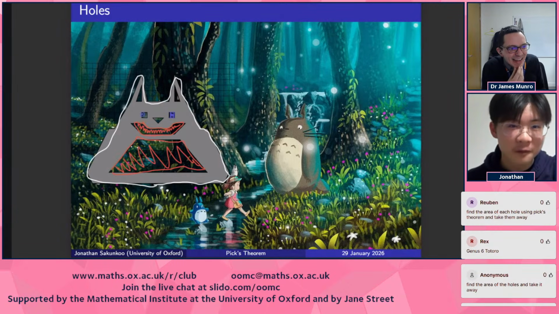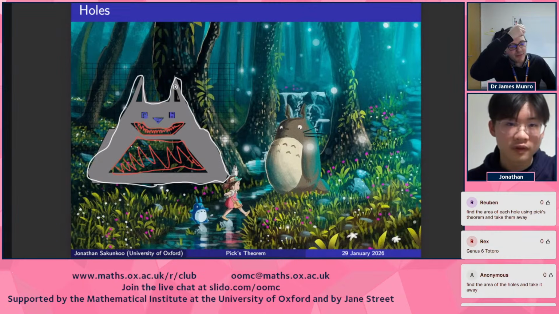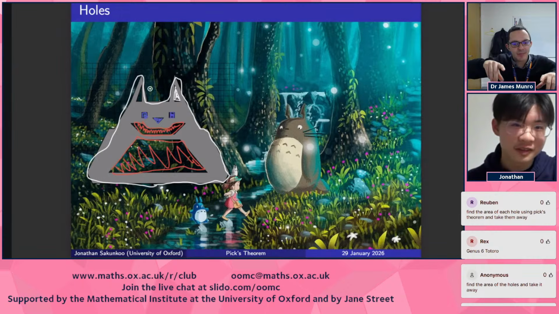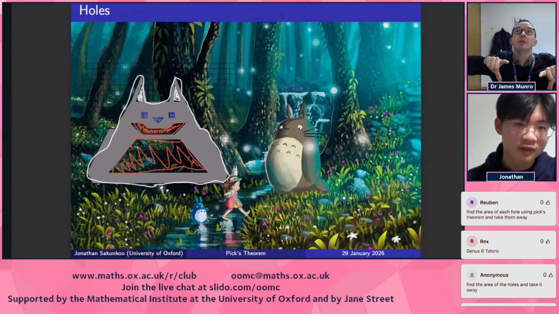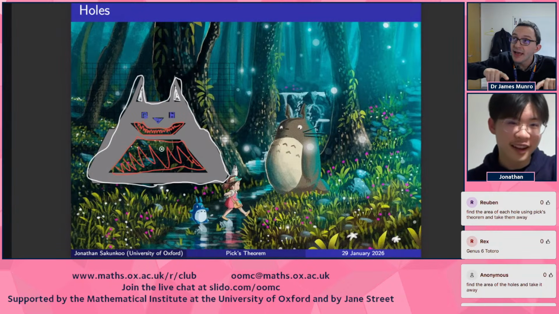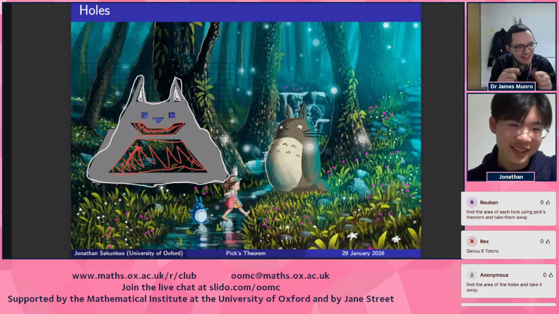I'm trying to work out in my head if it simplifies. Does it simplify? Because if those things on the inside are also lattice polygons, then you might have the intuition of counting points and then subtracting them, which is sort of fine. But then there's something going on with boundaries that I haven't quite got.